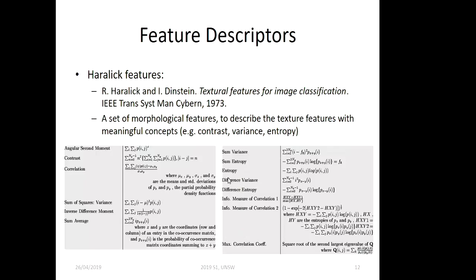For example, you can compute the entropy in the matrix, the sum of variance, and some other things like the correlation coefficient. It's all linear algebra, and you can compute all this information from this matrix, and that becomes a representation of the feature that's encoded in the image. So that is called hierarchic feature.